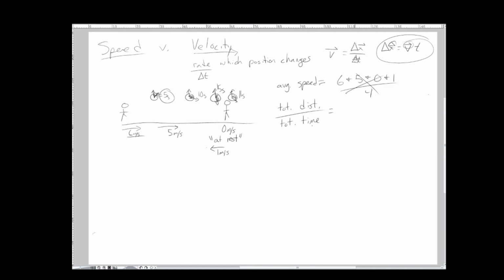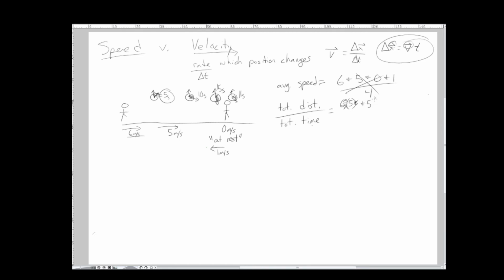Speed is going to be distance divided by time. So if we want a distance for one of these segments, we need to take the speed times the time. So here it would be 6 times 5. That would be meters per second times seconds. Notice that will give us a distance.